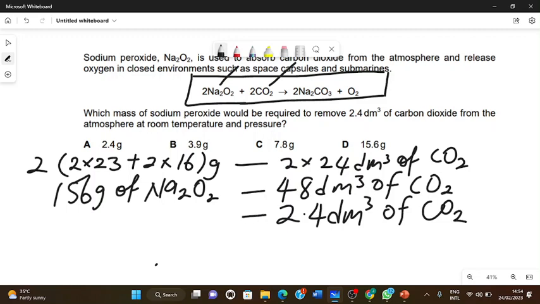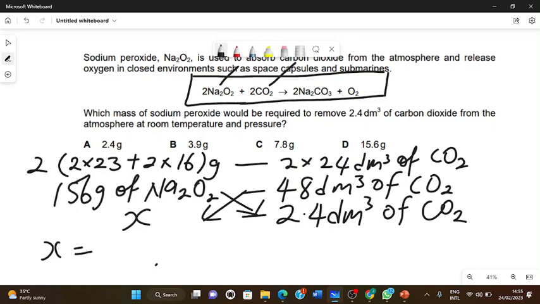That means 2.4 dm cube of carbon dioxide will be removed by what mass of sodium peroxide? So you cross multiply. Call it x. So x, now, just do simple proportion.